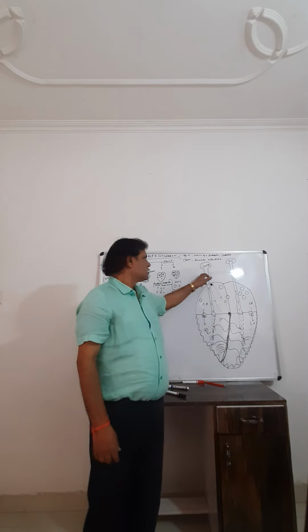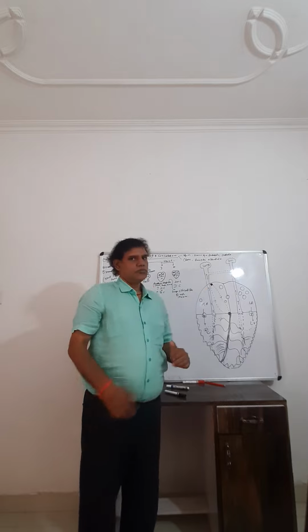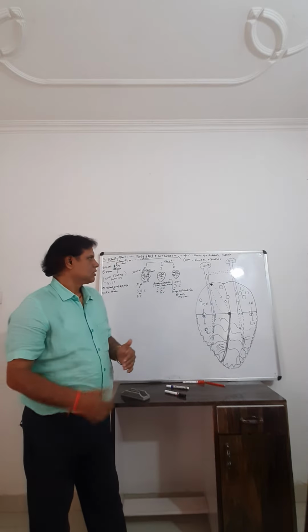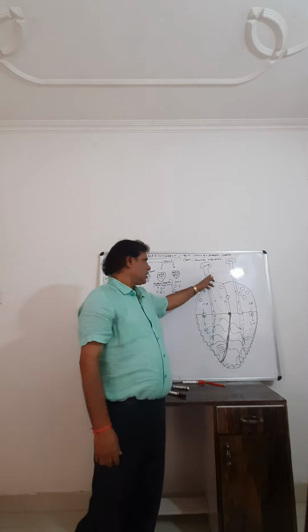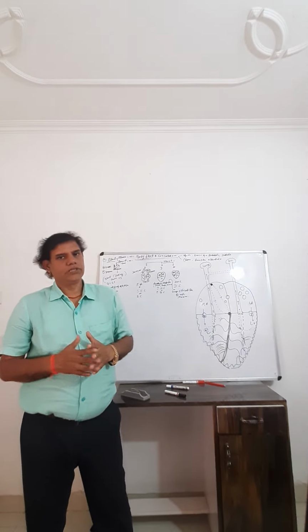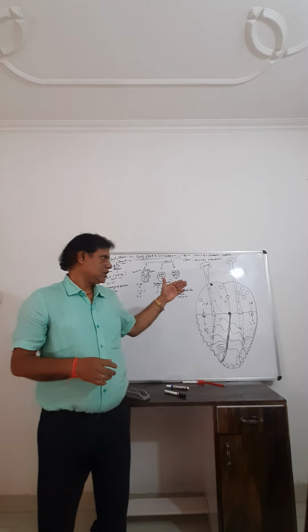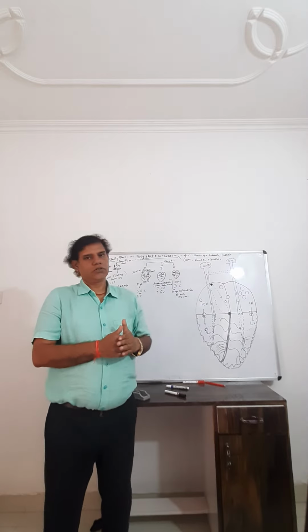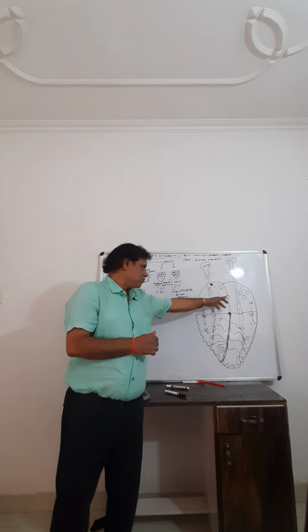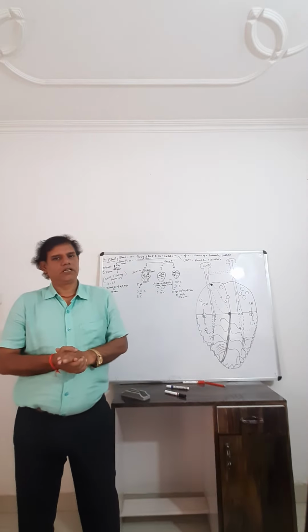And this is called the ductus arteriosus before birth in the embryonic condition, and after birth there is the formation of the ligamentum arteriosum. So the ductus arteriosus converts into the ligamentum arteriosum and the foramen ovale changes into the fossa ovalis.